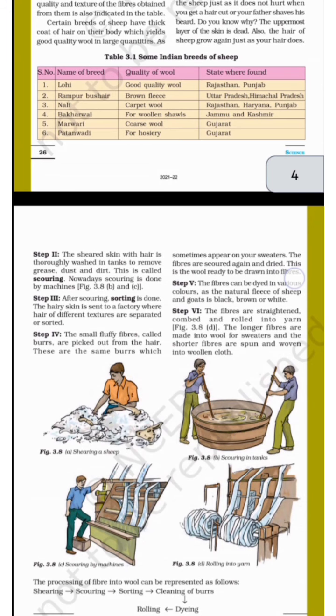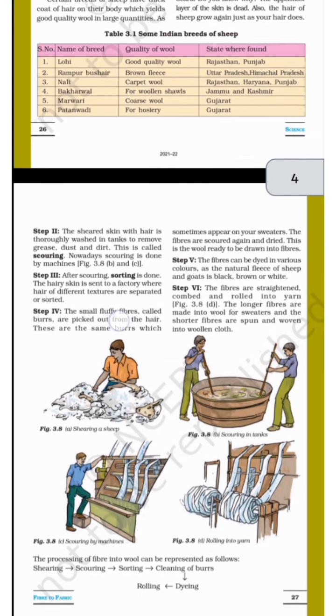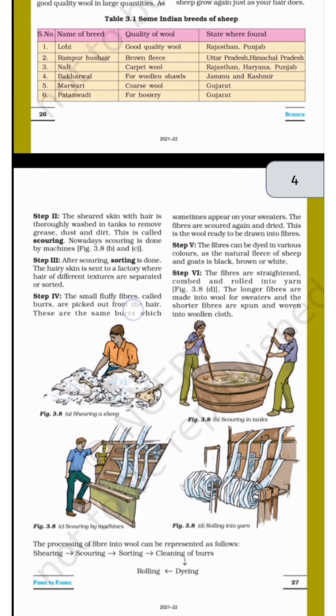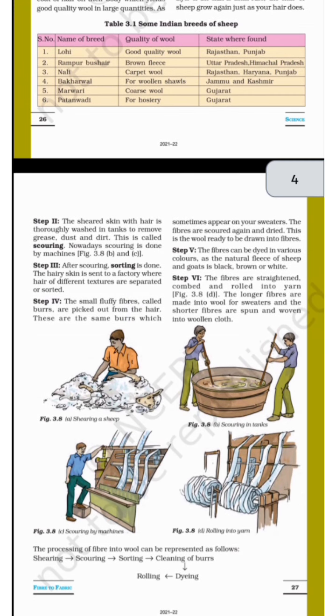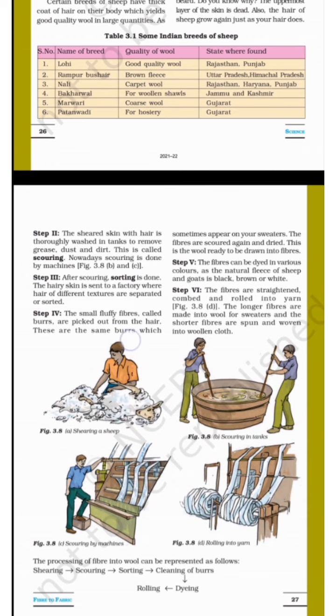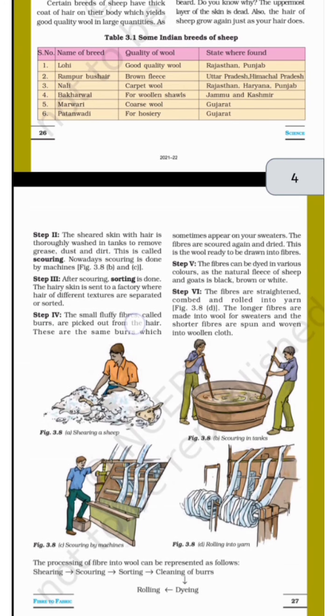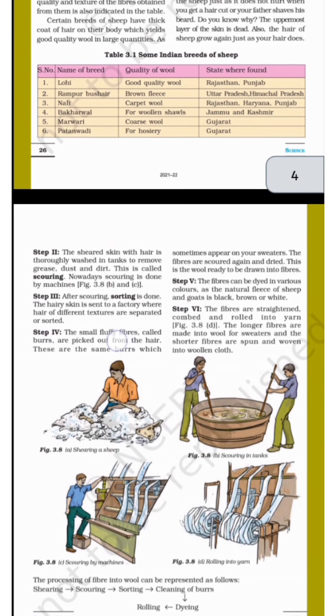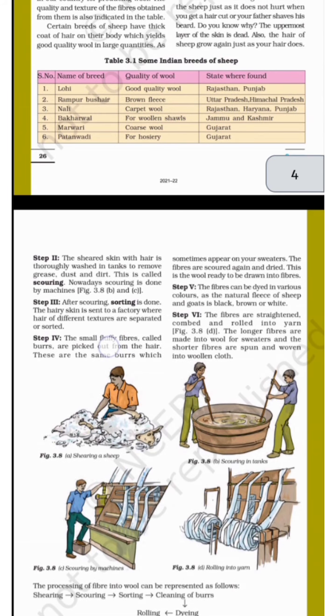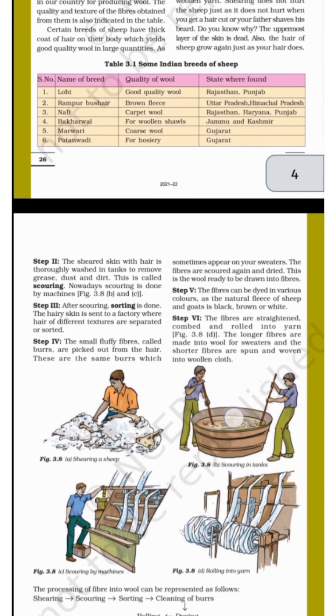The small soft fibers present in the hair are first removed. These soft fibers, termed burrs, are used in sweaters. Yes, these are first removed from the hair and are used in the making of sweaters. After separating these fibers, once again the hair is washed by the scouring method.